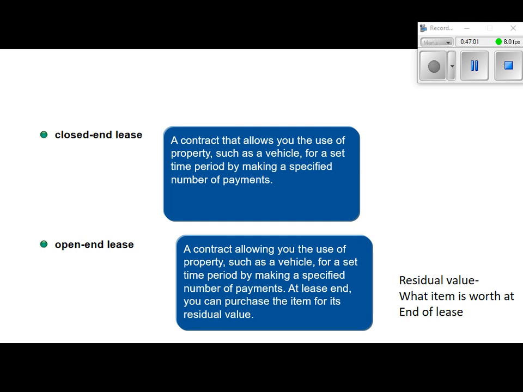Is the closed-end lease what they use for releasing apartments? That's sort of the same idea, yeah. Because then you're going in for a lease, and some apartments will make you lease for so many years. If you sign a lease for 2 years, saying you're going to stay there for 2 years, at the end of the 2 years you're supposed to sign a new lease, but that doesn't always happen.